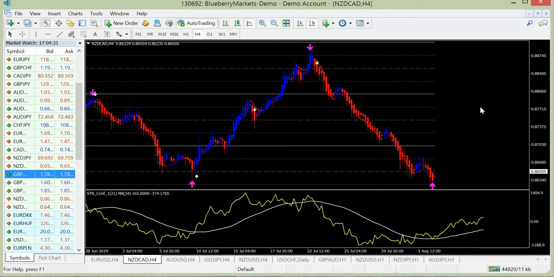But for beginners, it is also very simple, and practically you cannot miss. You cannot take a wrong trade if you just follow the rules I will explain, which are very simple.